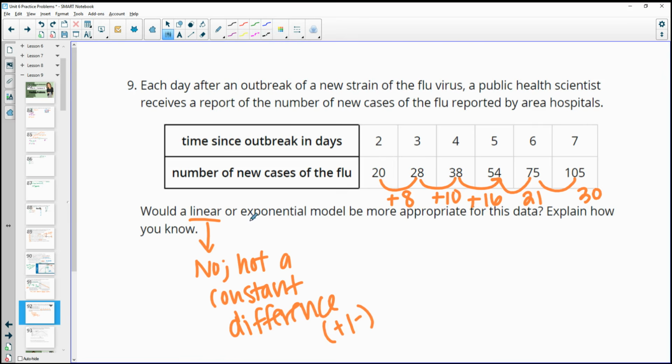So then for exponential, you need a common rate, okay, or a common multiple. So in this case, you would do 28 divided by 20 to see if that ratio is the same.